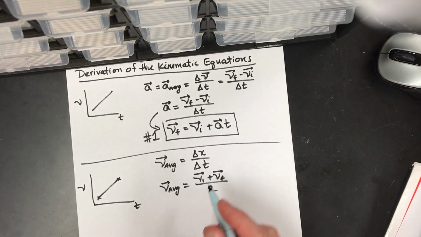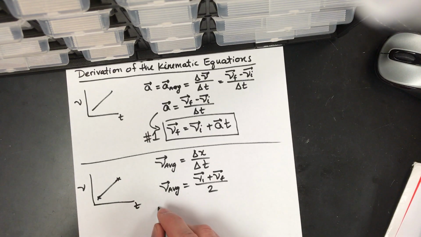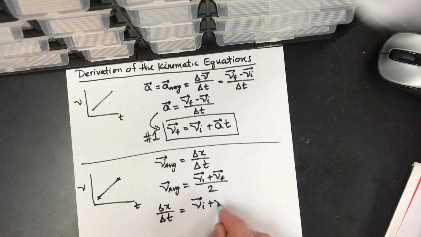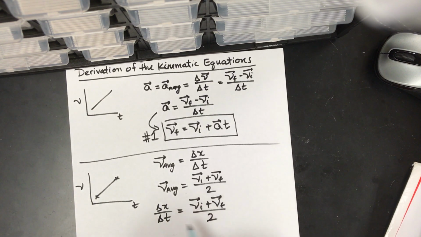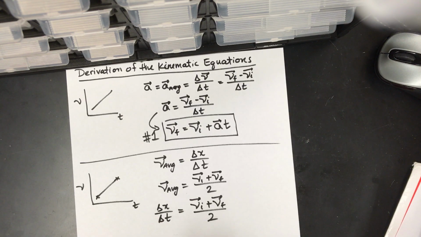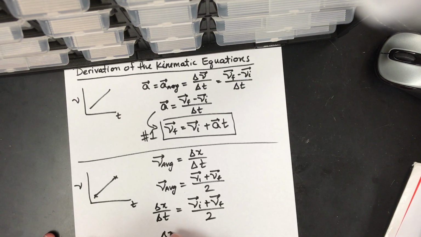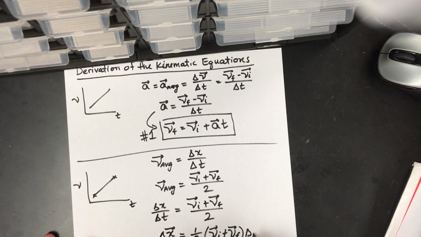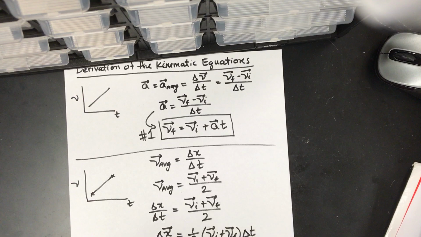To get to this next equation, we set them equal to each other. So delta x over delta t equals Vi plus Vf divided by 2. If we solve for delta x, I'm going to take the half out, we end up with delta x equals 1/2 times Vi plus Vf times t, or delta t, the change in time.